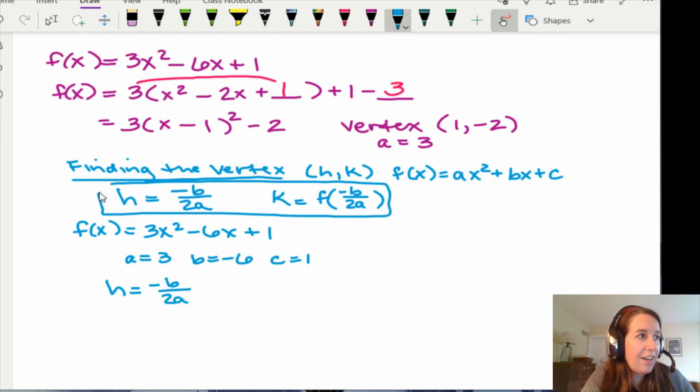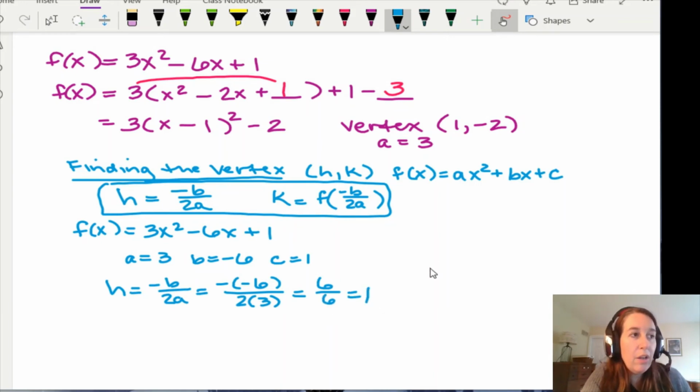There's really not an easy way to calculate that, so you would have to memorize that in order to be able to use it. All right, so -b over 2a would be negative of -6 over 2 times 3. So that would be 6 over 6, in other words, 1. Okay, notice that that does exactly line up with the vertex we calculated the other way.